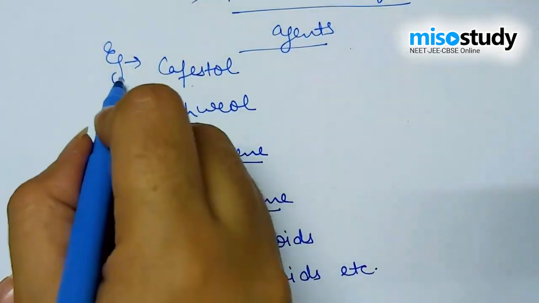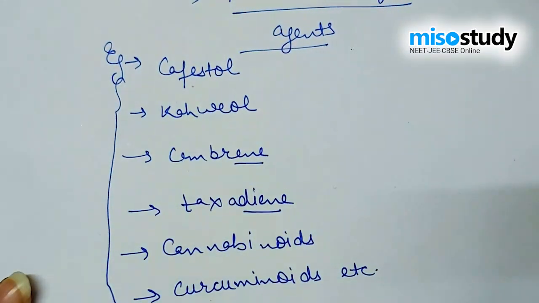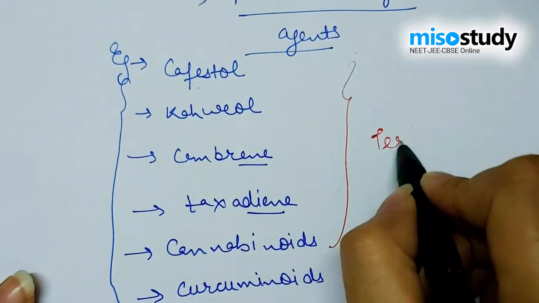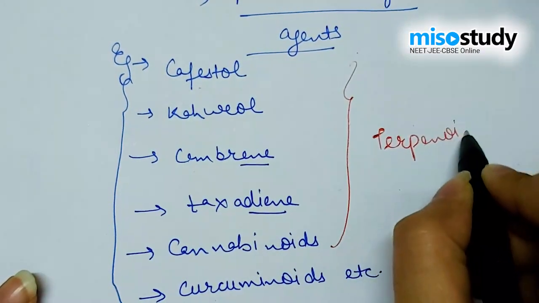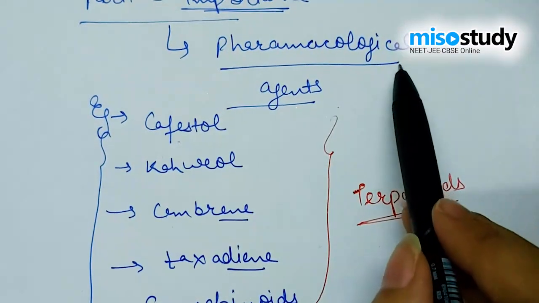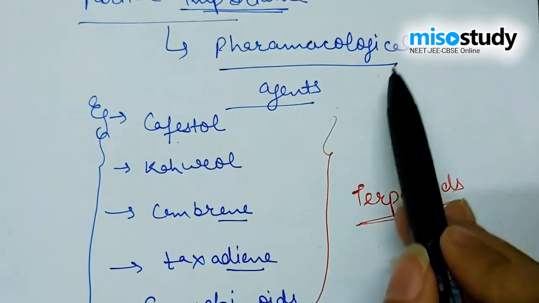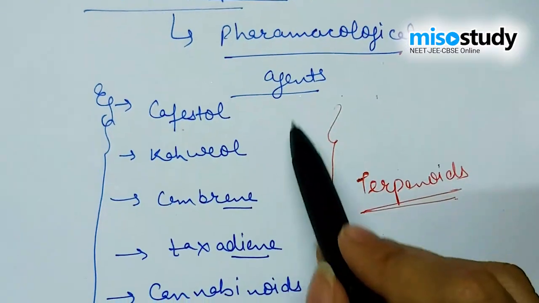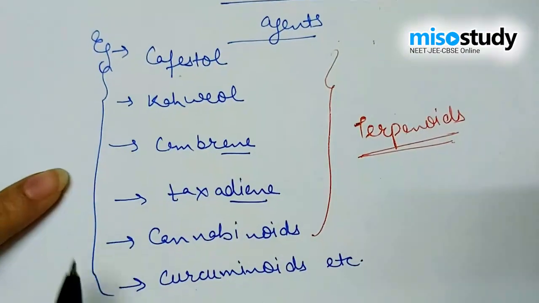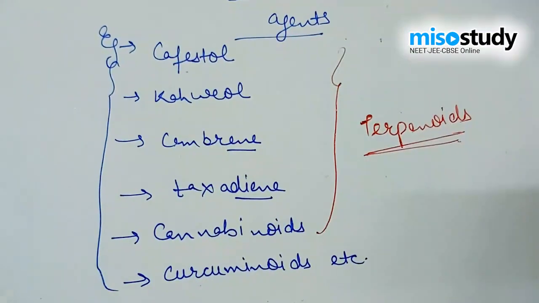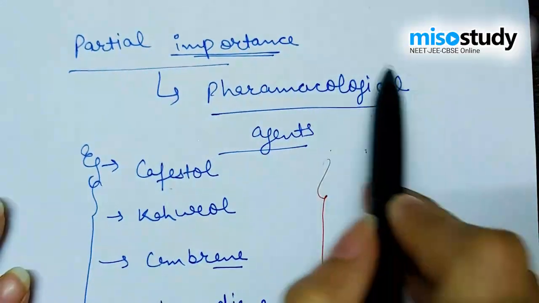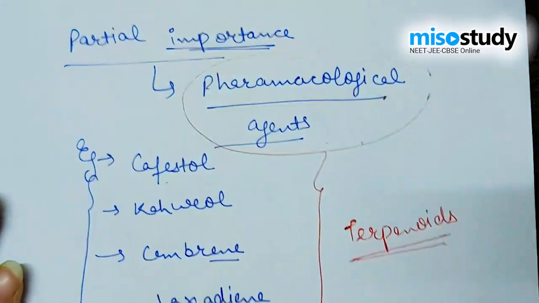So these are the subcategories and examples of terpenoids which we use as pharmacological agents. If in a NEET question any of these options is mentioned, all are right for the partial importance known as pharmacological agents.